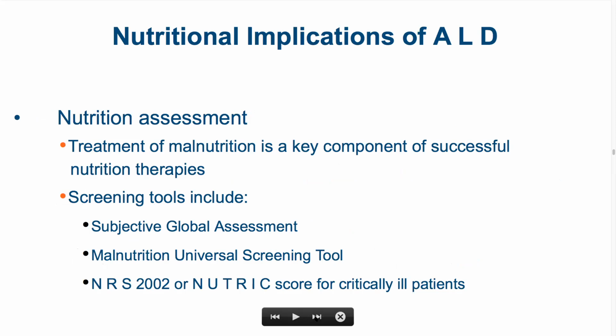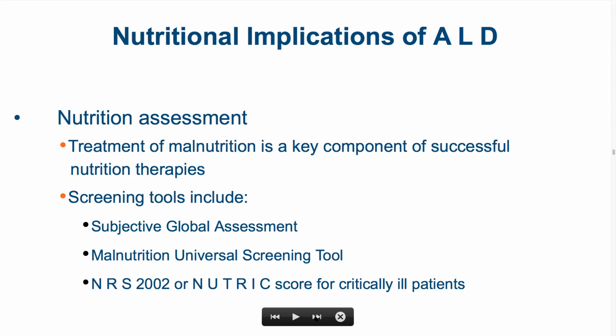There are multiple screening tools such as the Subjective Global Assessment and the Malnutrition Universal Screening Tool. Though these tools are valid instruments, many may not be sensitive enough to identify sarcopenia. Using the nutrition-focused physical exam may allow for a more comprehensive approach to assess for malnutrition.